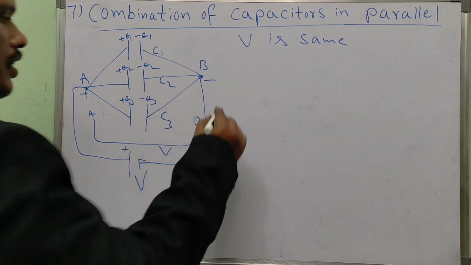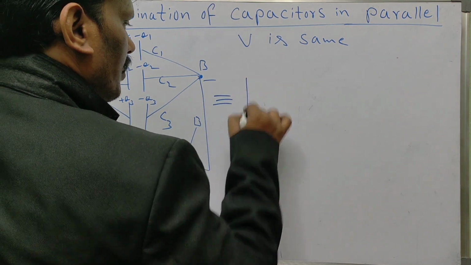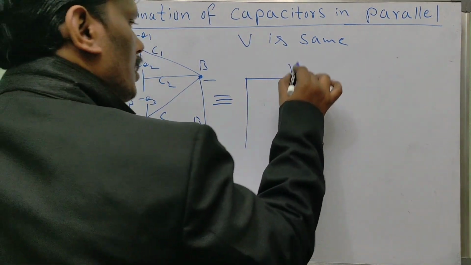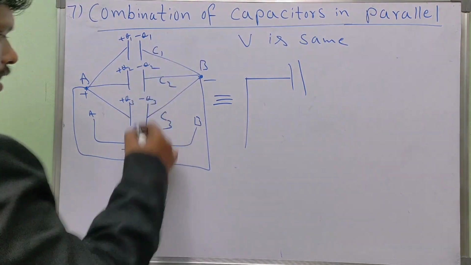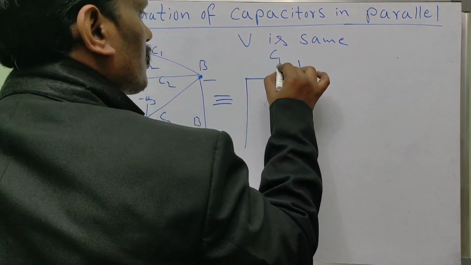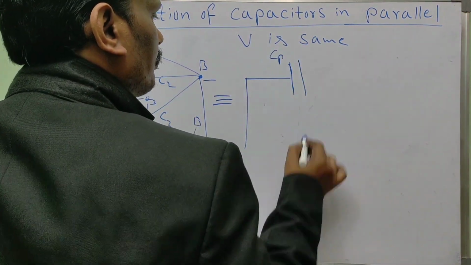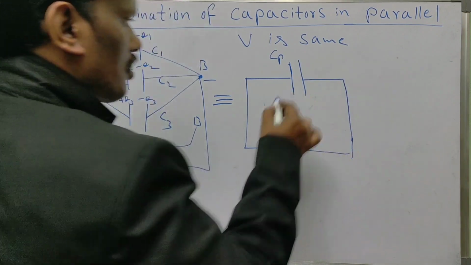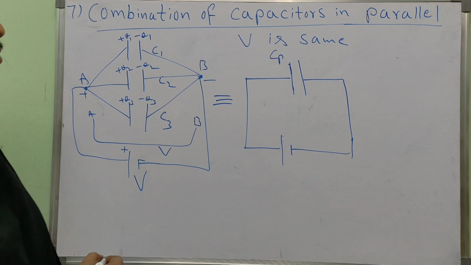Now consider the equivalent figure: by removing all these three, connect a single capacitor equivalent to those connected in parallel. I am going to call it Cp. What is the charge present on the capacitor Cp?